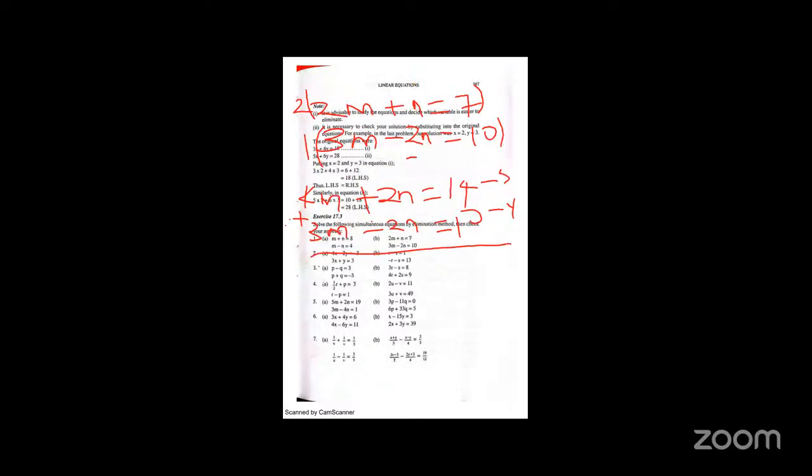So when you add, you are likely to have 7m plus 0 is equal to 24.